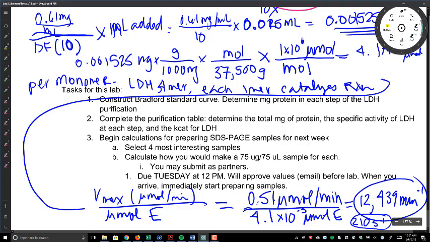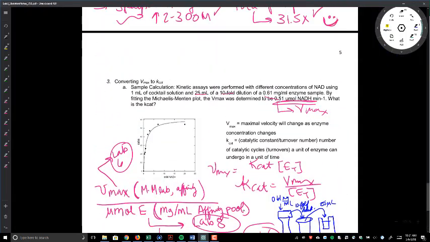All right. So again, comparing Vmax to Kcat. We know how to get the Vmax, but to get the micromoles of enzyme, we have to take the mg per mL concentration, and that comes from lab 8.